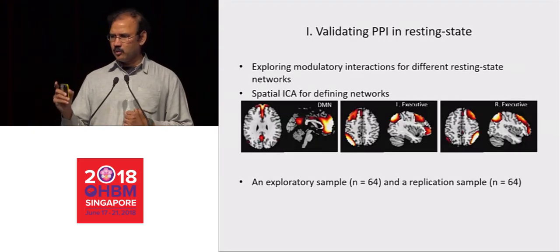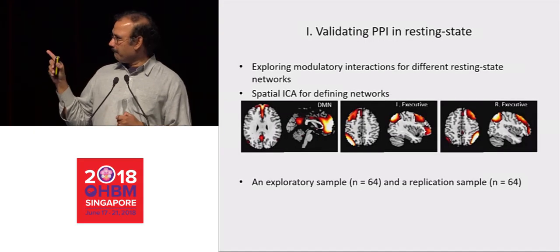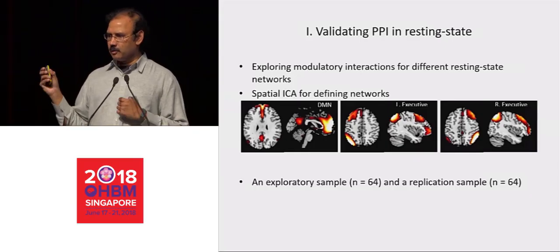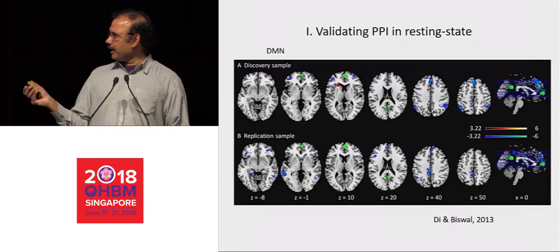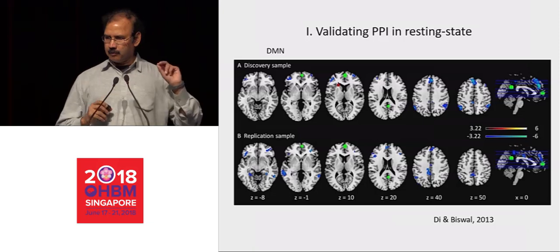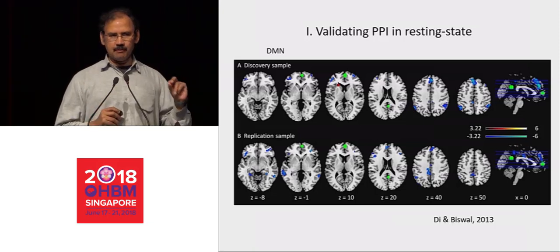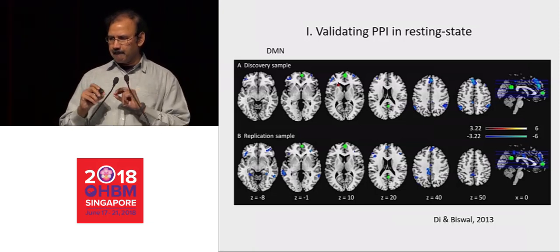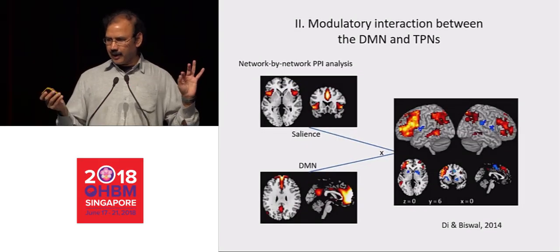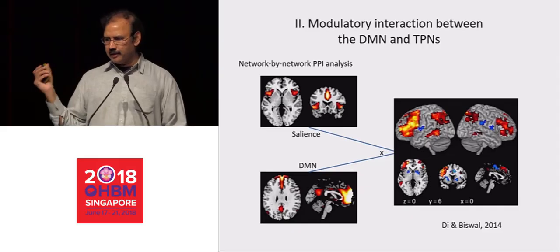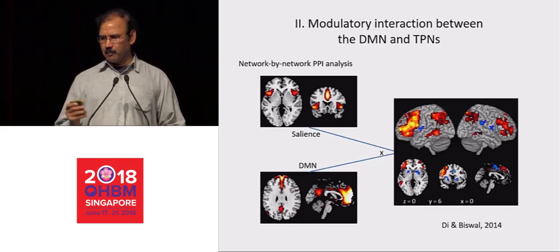So this is just showing PPI interaction using rest. We used ICA, and from the different regions that we identified, we can show that for specific regions of the default mode network, different regions are getting modulated. The red means positively modulated, while blue means negatively modulated.